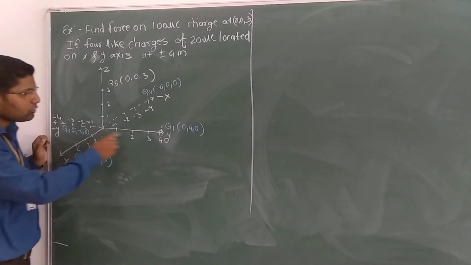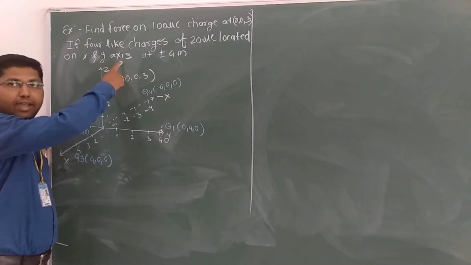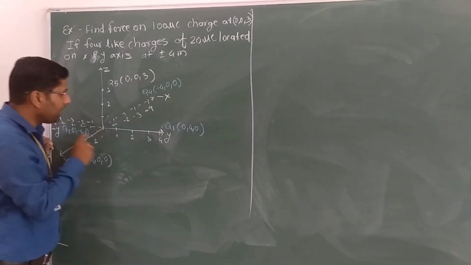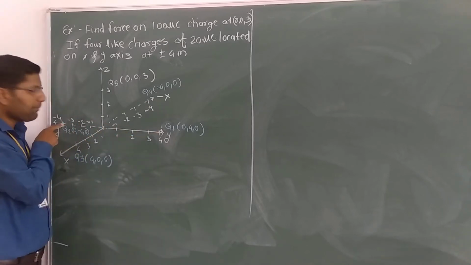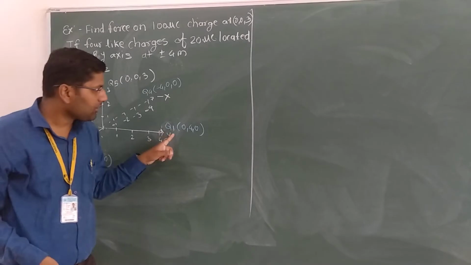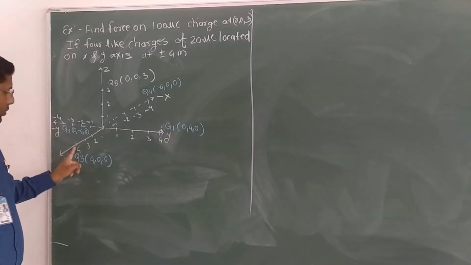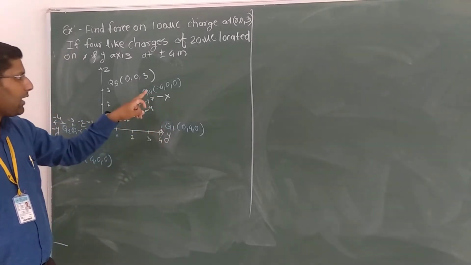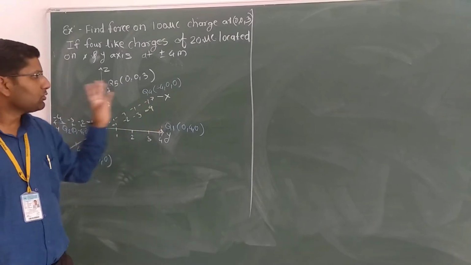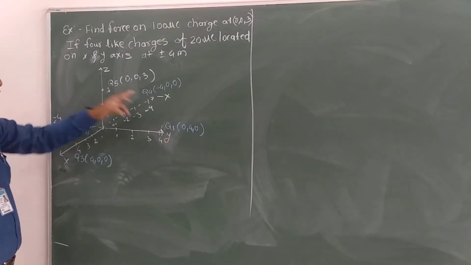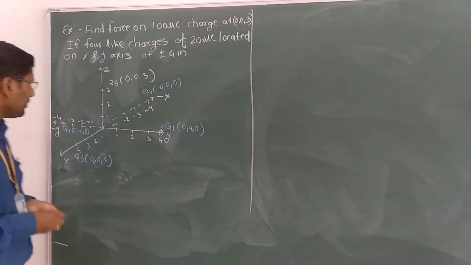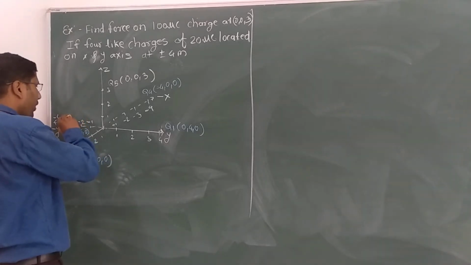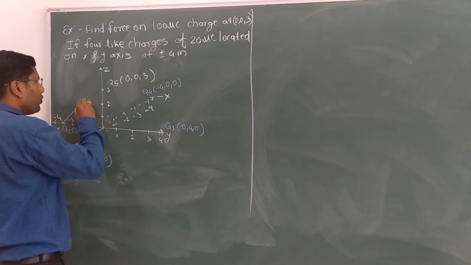Here also, on the xy plane, on the x-axis plus 4 meters and minus 4 meters, and on the y-axis plus 4 meters and minus 4 meters, I am drawing these charges Q1, Q2, Q3 and Q4. It doesn't matter which one I call Q1 or Q3. Then I have to draw a line from each and every point towards this Q5.